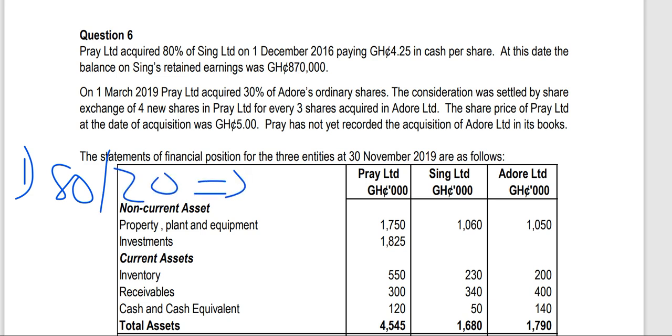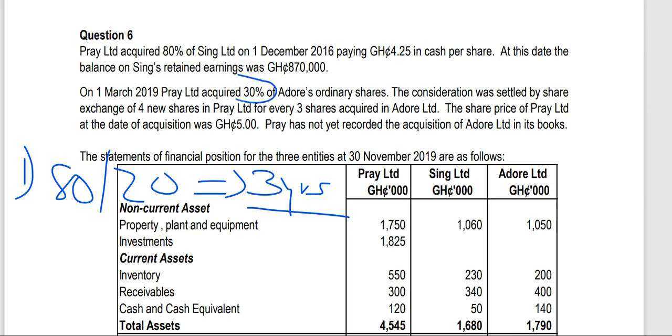And since the acquisition is on 1st December, you have December to November 2019. So 2016, 2017, 2018, 2019, that gives you 3 years of consolidation. 3 years.